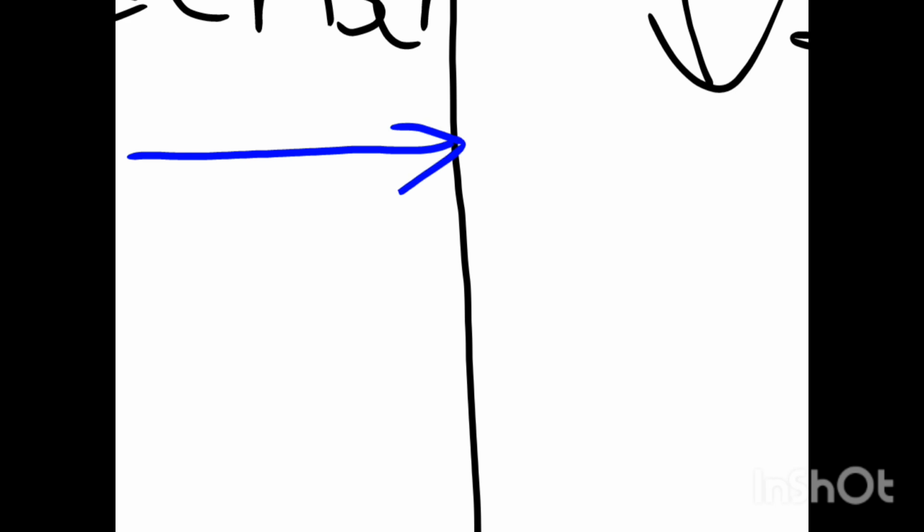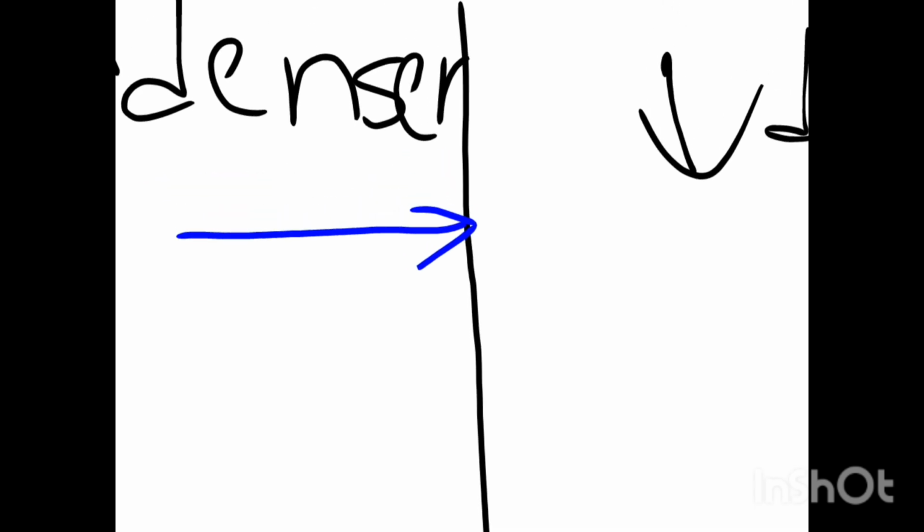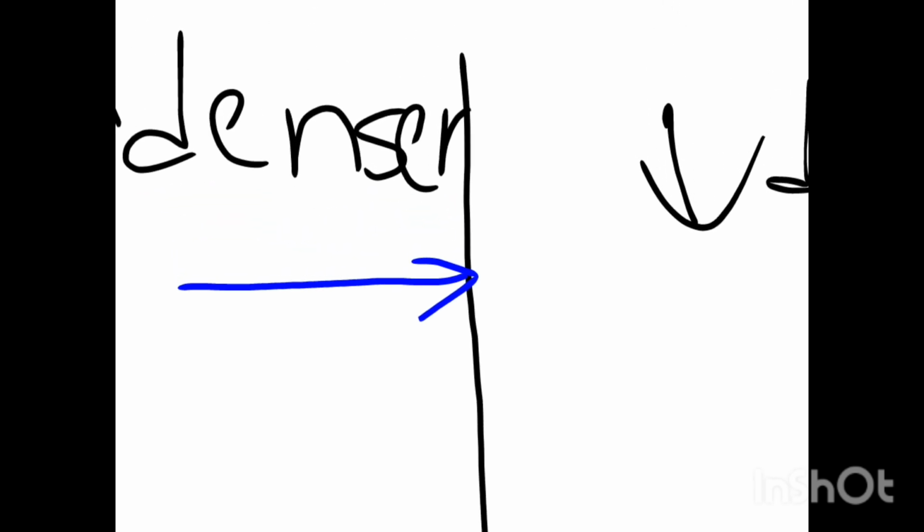It is traveling now from a region where it's more dense to a region where it is less dense. So what will happen is that the direction of this light will bend.